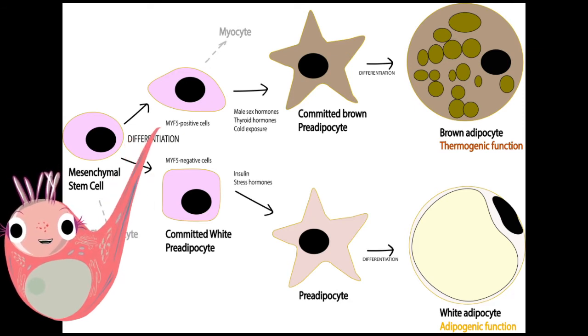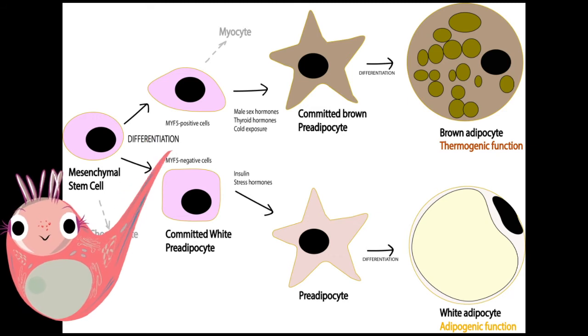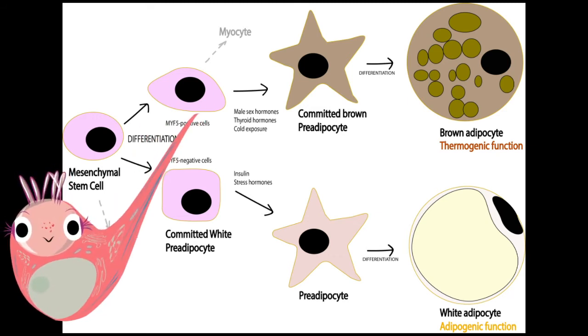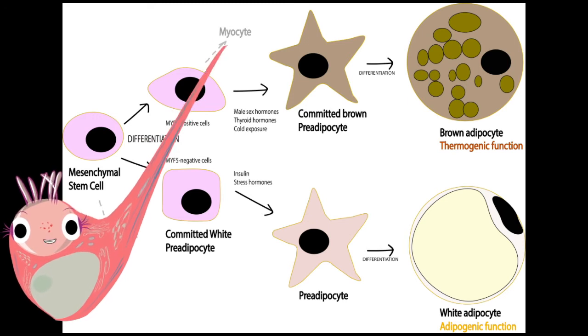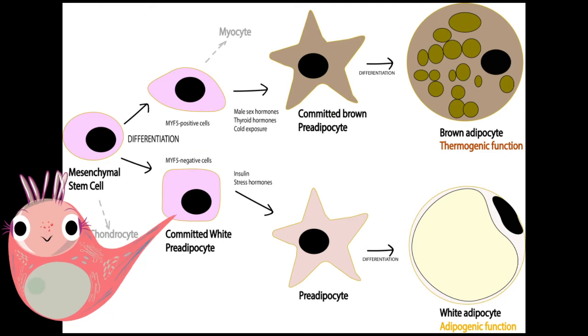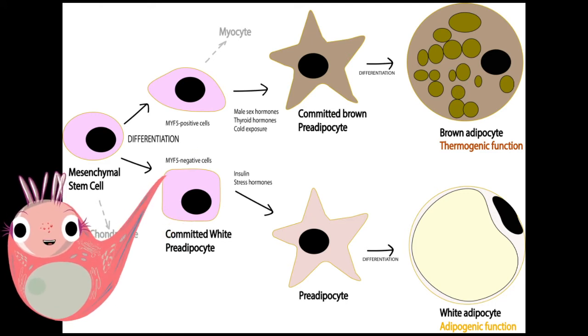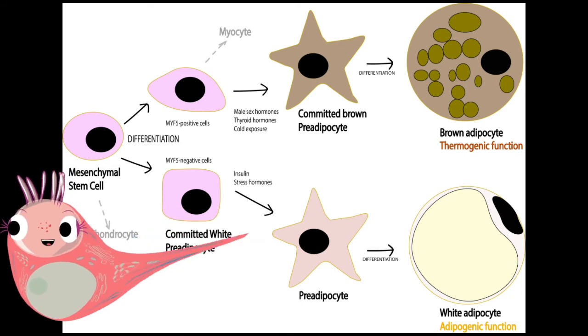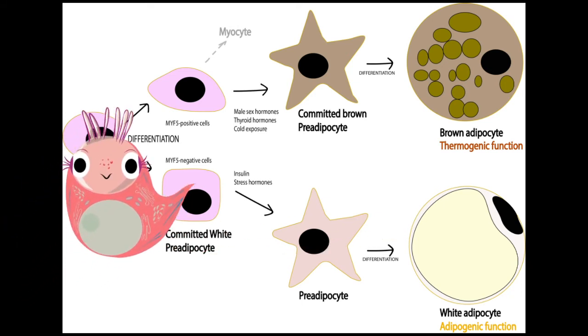Some cells will be MIF5 positive and others will be MIF5 negative. The MIF5 positive cells can either become myocytes or brown adipocytes, and the MIF5 negative cells can become only white adipocytes or white fat cells.